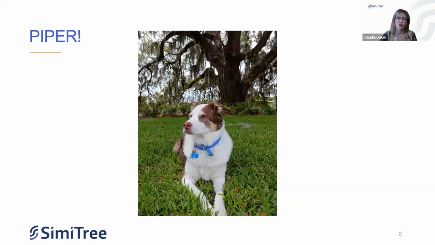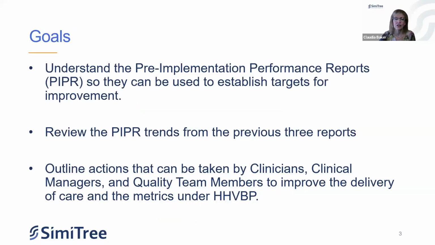But what we're actually going to talk about today are these goals. We need to understand this pre-implementation performance report, or the PIPR, because we need to use it to establish targets for improvement. We need to look at the PIPR trends in comparison to the other two reports we've gotten, so look at all three reports and those trends.